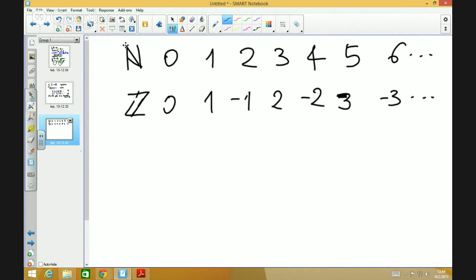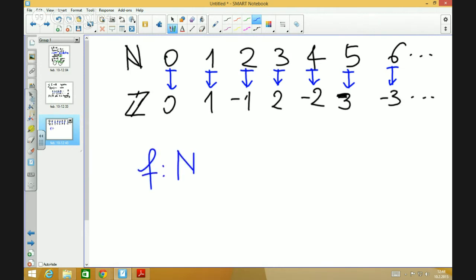So what is this function? Okay, I want a function that corresponds to this enumeration of the integers. It goes from N to Z. How is it defined?